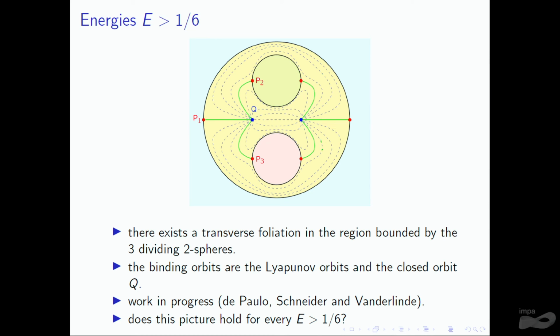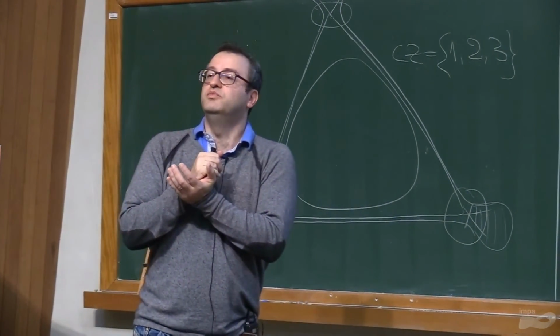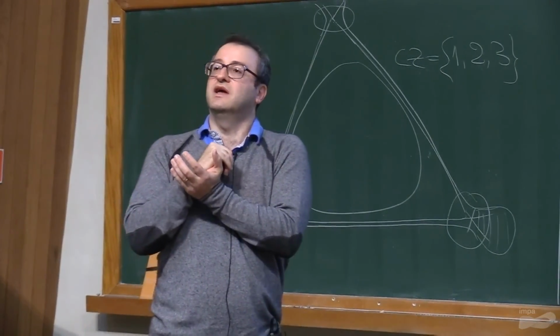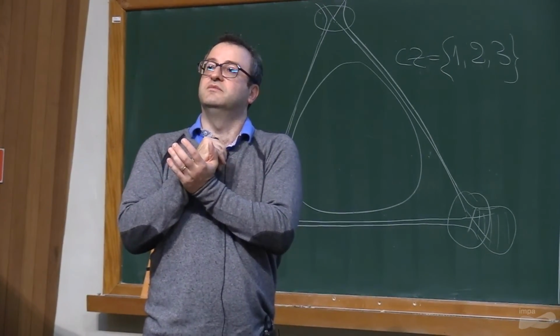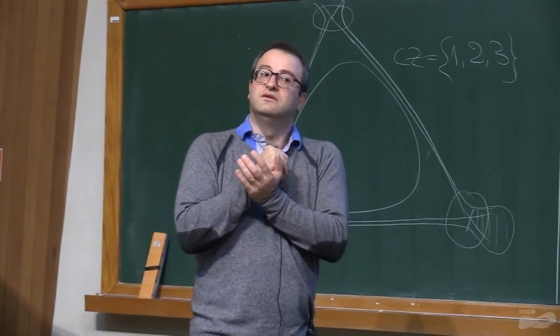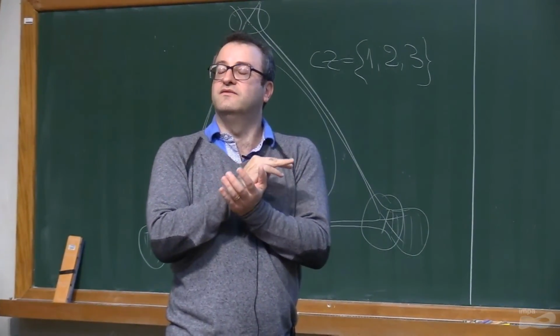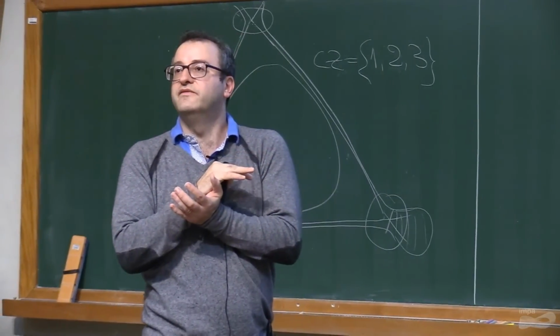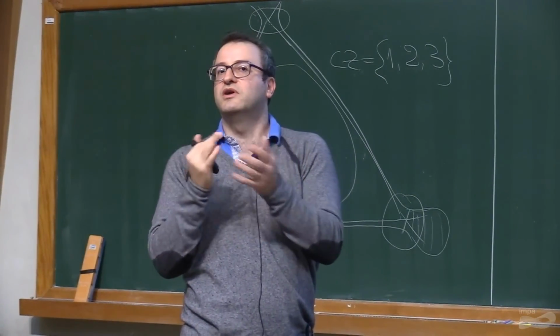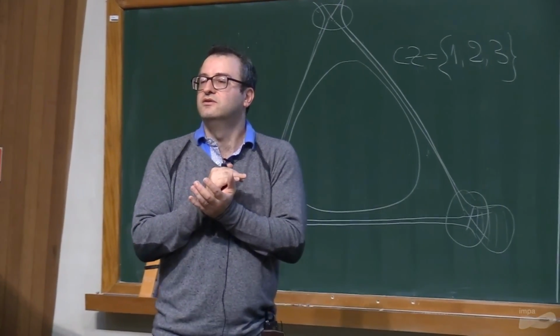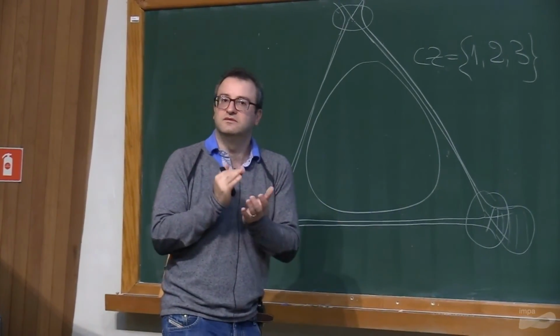But I'm not completely sure, because everything is numerical. I did everything, and nobody ever computed the indices of these orbits. At least I haven't found anything about the indices of these orbits. So it seems to be something very important here, but nobody ever cared about it. They only say, oh, it's hyperbolic or elliptic. They don't care about the index.